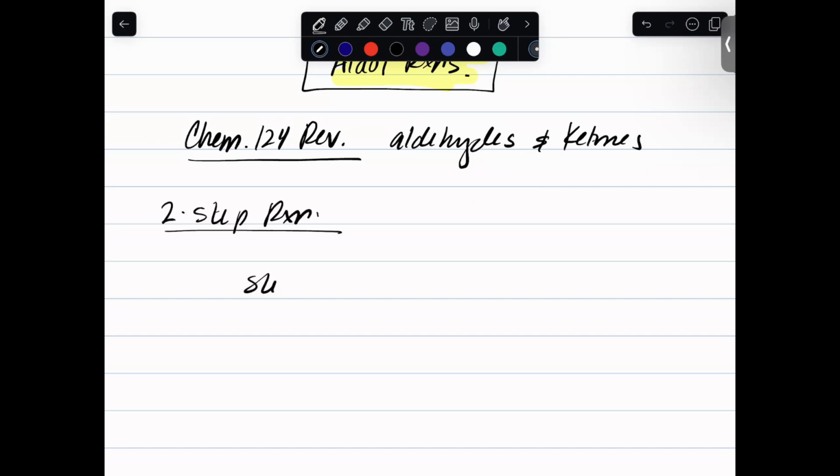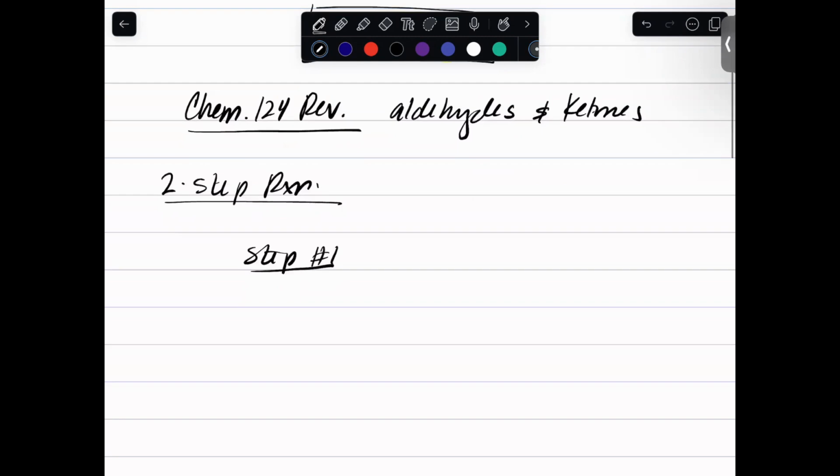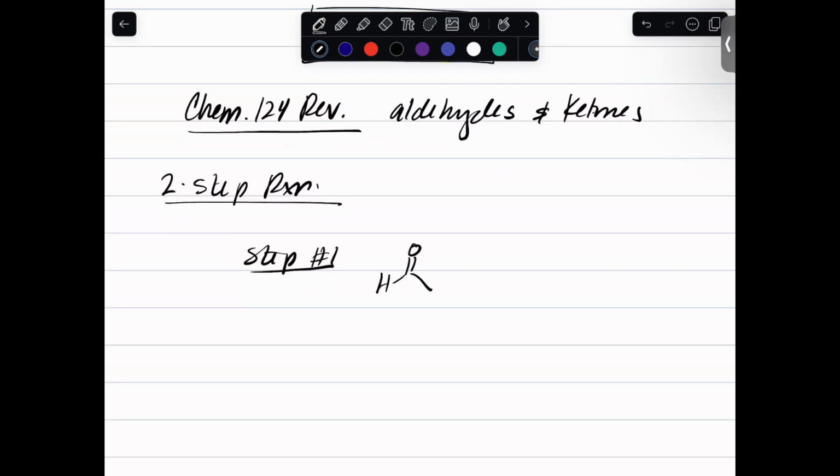where step one required an aldehyde, and I'll call this aldehyde 1. You treat your aldehyde with a base, and just like we've seen in our previous two lectures, you deprotonate at the alpha position to form your conjugate base.